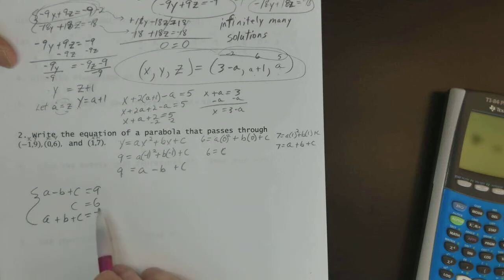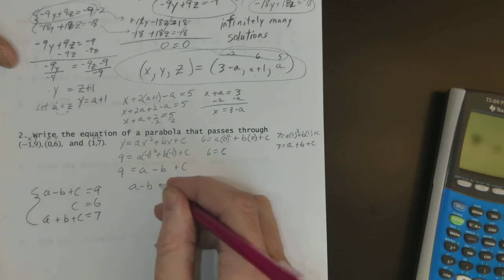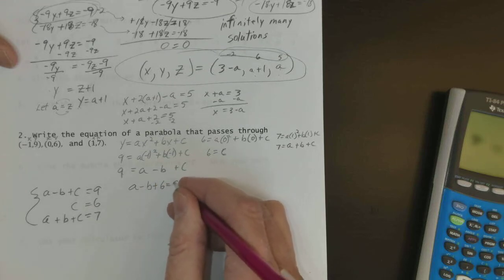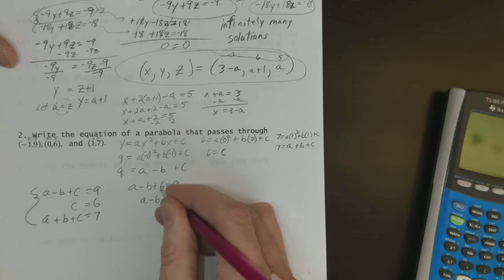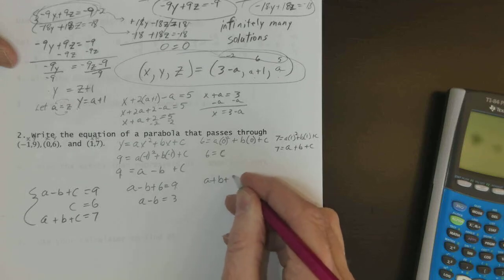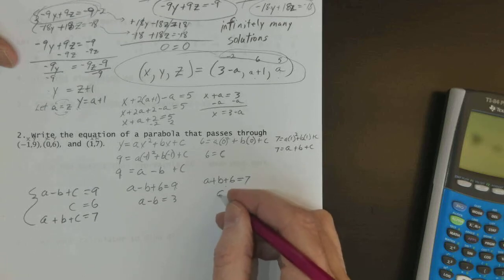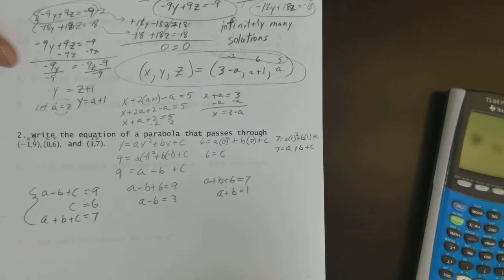Since I already know c is 6, I'm tempted to put 6 in here and here. a minus b plus 6 equals 9, and a minus b would be 3 if I subtract 6 from both sides. a plus b plus 6 equals 7. Subtract 6 from both sides, I got a plus b equals 1.